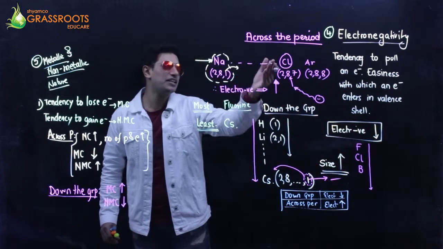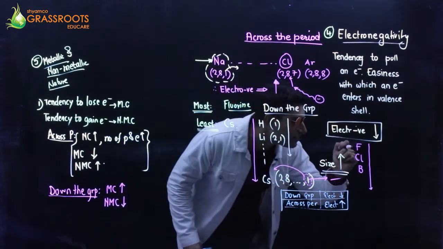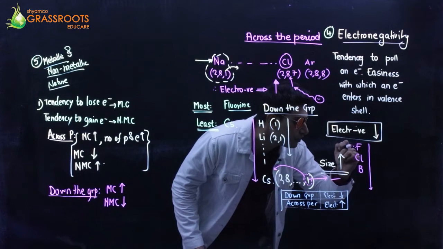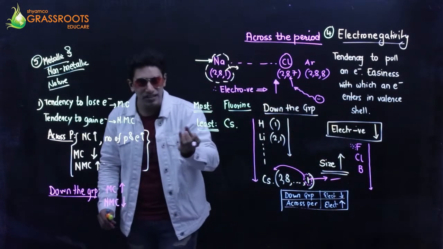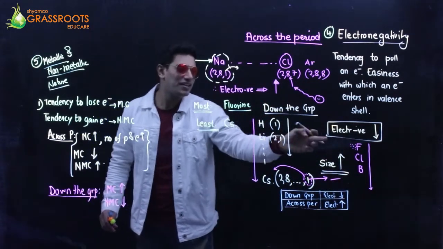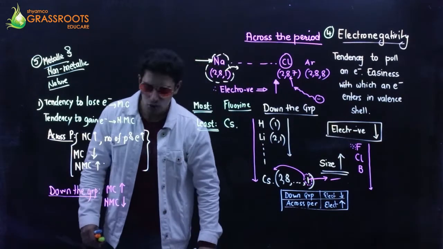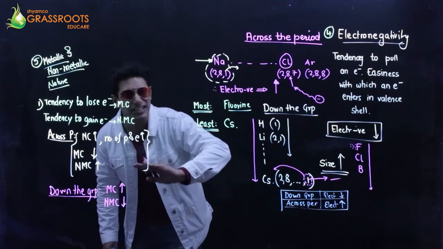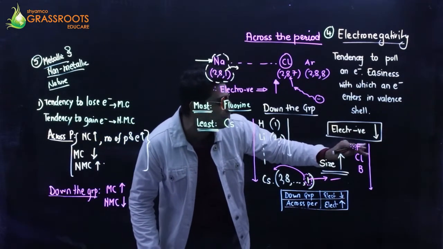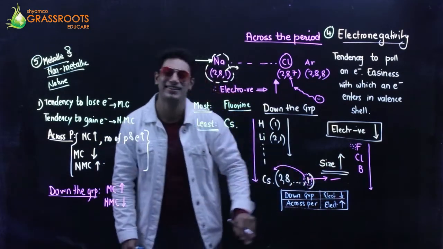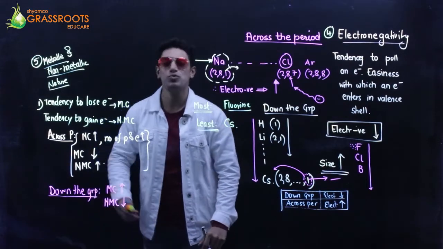Fluorine, we just did it, electronegativity. Fluorine has the most power to attract and pull the electron. Now that's a different story that the electron goes to chlorine. But the pulling power is of fluorine. So the non-metallic character decreases: fluorine maximum, chlorine less, and so on. So down the group, this is what happens.